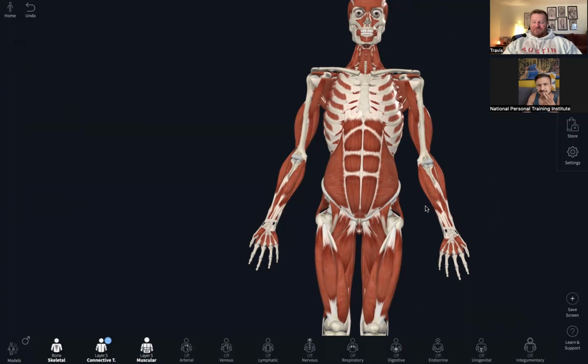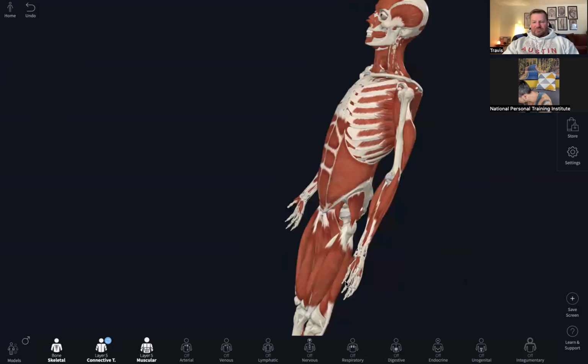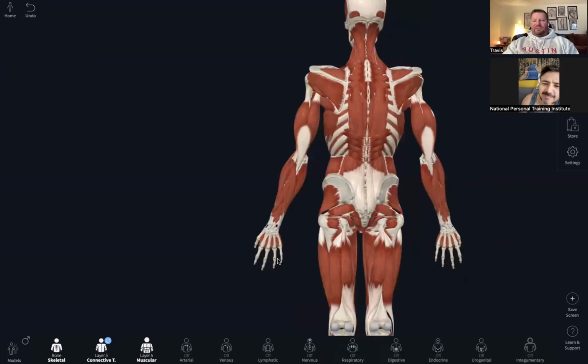Is that right? Yes. So it's not completely rigid, it has a little bit of give each way. Right. And these muscles compensate on each side to make sure it stays stable. Now it makes sense. Perfect.